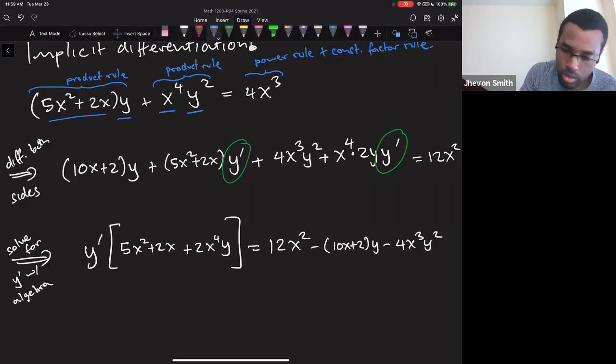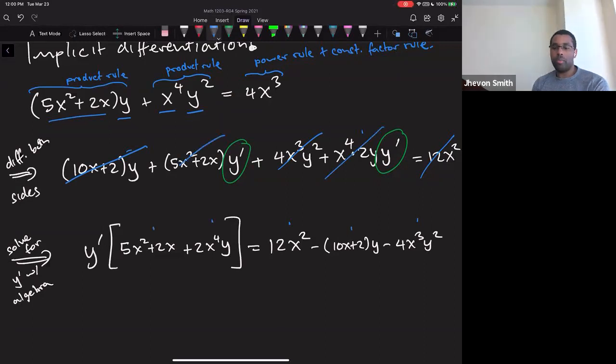Right? So that's the 12x squared is over here. That is over here. That is over here. I want to make sure to do a quality check. This is over here, this is over here. That accounts for everybody.